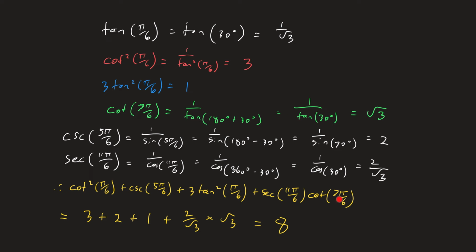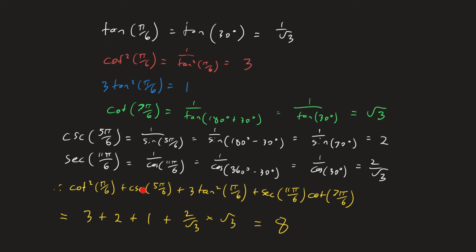Next, to get the cot 7 pi on 6 term here, we know cot, third letter t, is 1 on tan. 7 pi on 6 is the same as 180 degrees plus 30 degrees. We know from before by symmetry that tan of 180 degrees plus something is just tan of that angle. So that's the same as 1 on tan of 30 degrees, which is 1 on the square root of 3. That is the square root of 3.